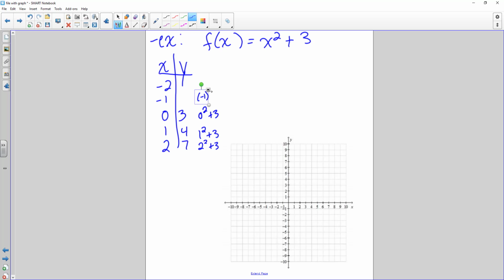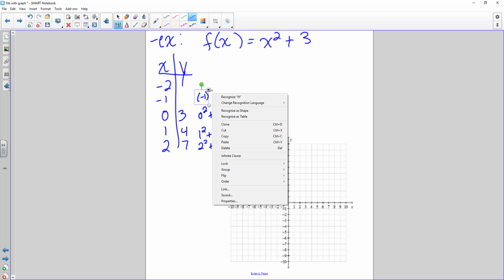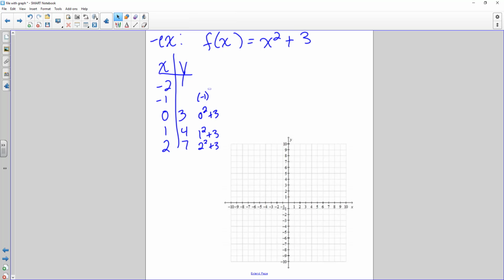Negative 1 squared is 1, plus 3 is 4. Negative 2 looks like it's going to have the same answer as positive 2, because that'll be 4, plus 3 is 7. Let's see what this looks like compared to the first one.